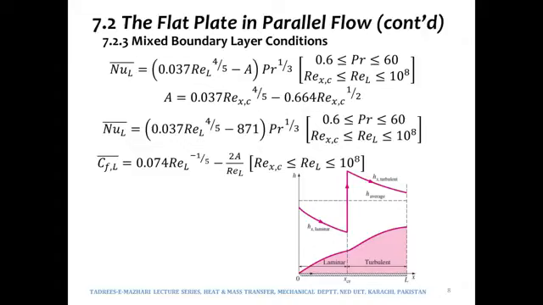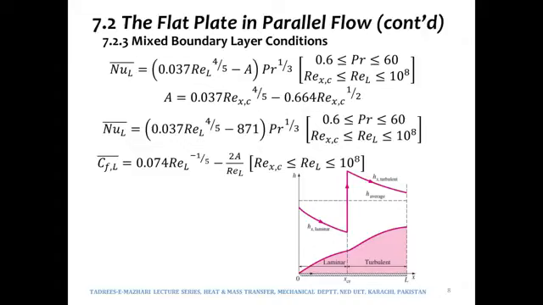So you would have realized by now that all those expressions of Nusselt number are in terms of Reynolds number and Prandtl number. This is what we were discussing earlier on the empirical method slide, where Nusselt number was written as some coefficient C times Reynolds number to the power m and Prandtl number to the power n.